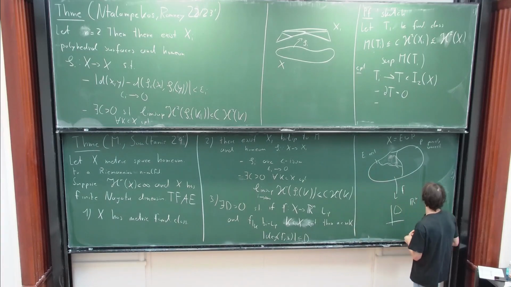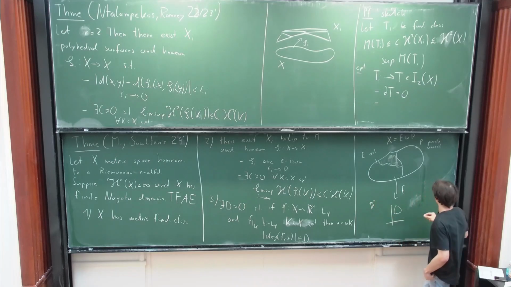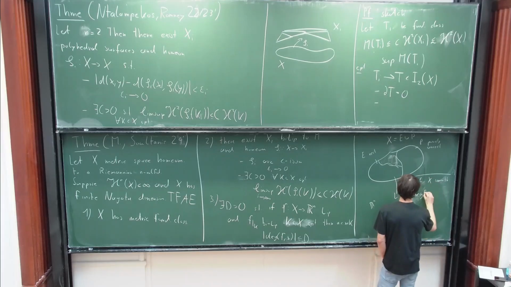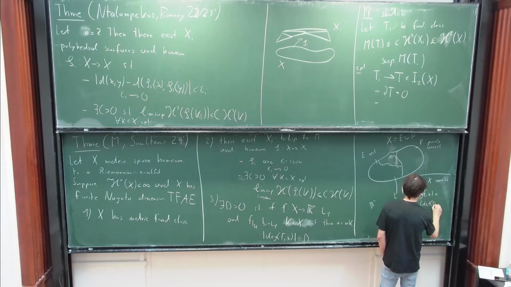Maybe if you're more used to the smooth setting, this is quite trivial actually, because if X is smooth, the local degree is just the sign of the determinant of the differential at this point.